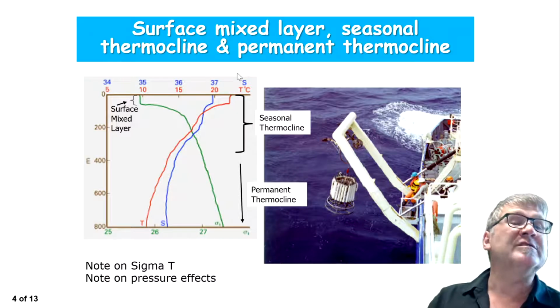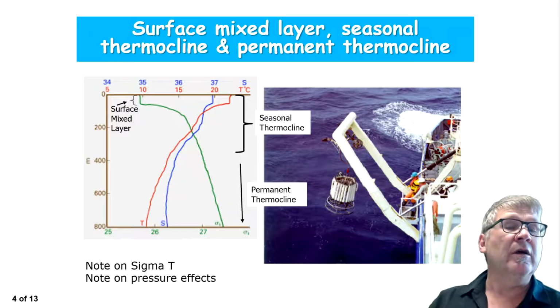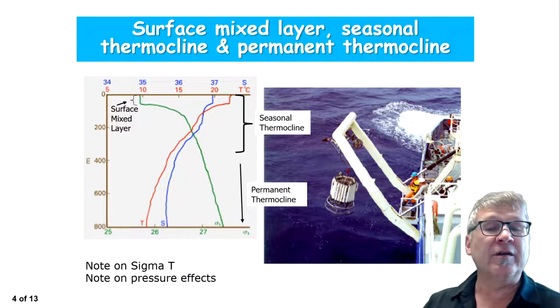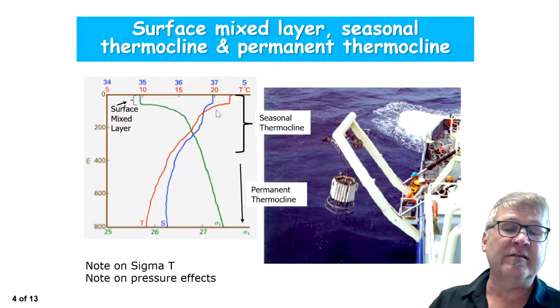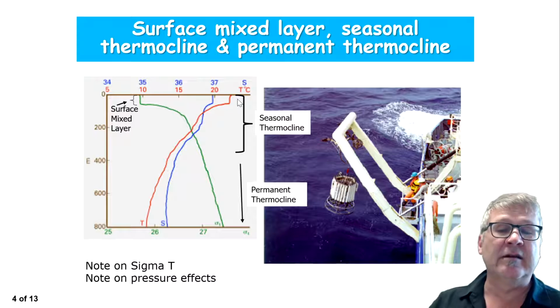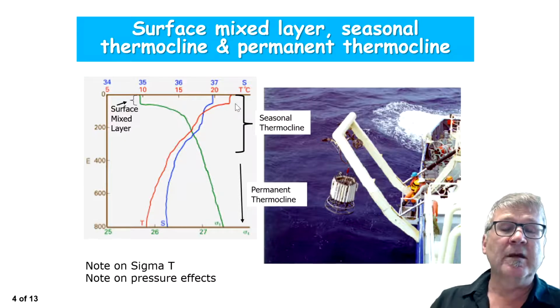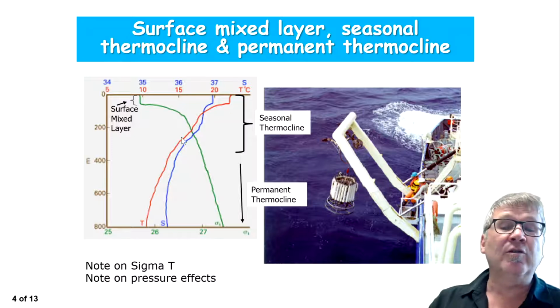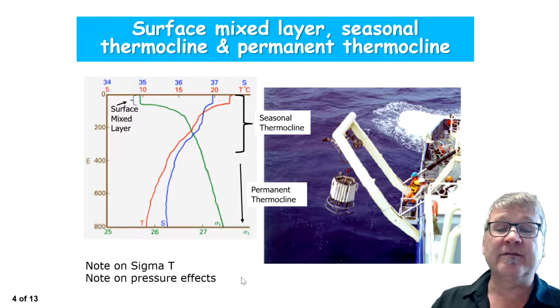This is what controls the low density of the water, although the water is even a little bit saltier compared to the water underneath. So salinity offsets that, makes it a little bit heavier, but still the temperature controls. And also the temperature decrease with depth controls the density increase with depth.